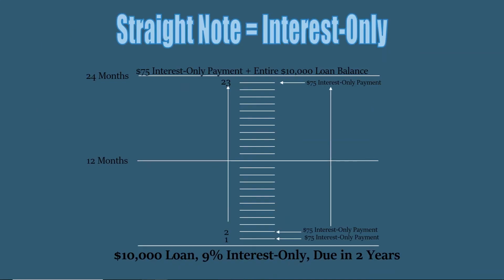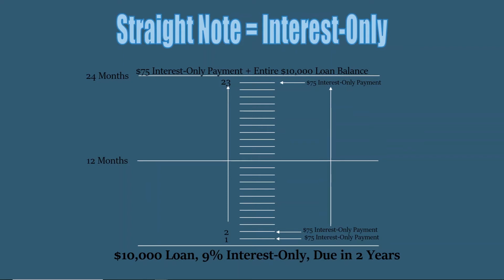Let's break it down a little bit. We have an example here where let's say it's a $10,000 loan, 9% interest only, due in 2 years. So you would be having 24 months of payments, and each payment each month would be $75 interest only.